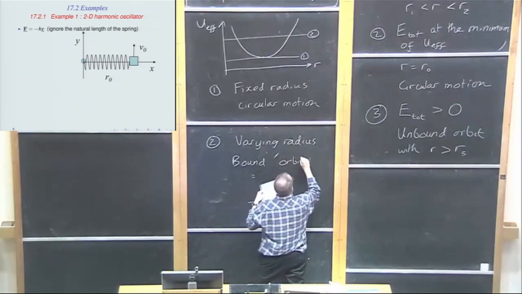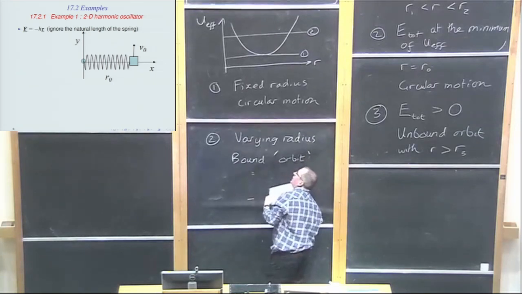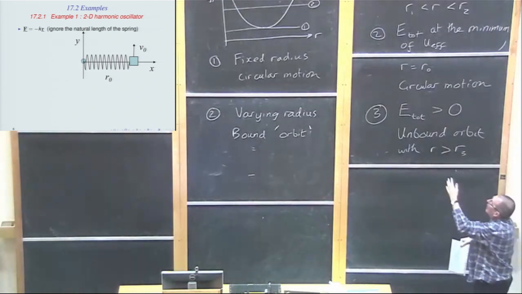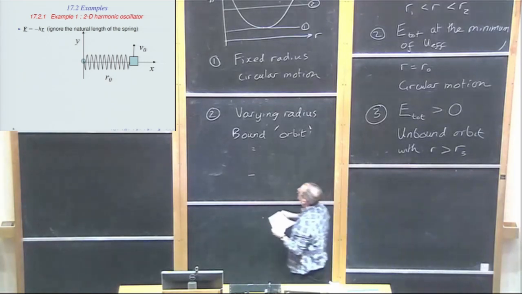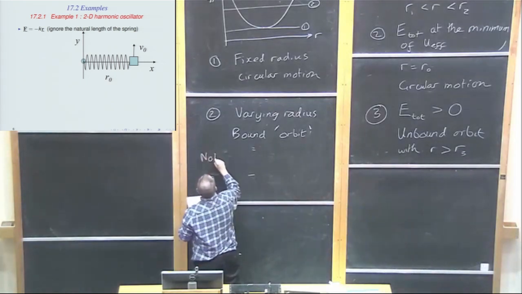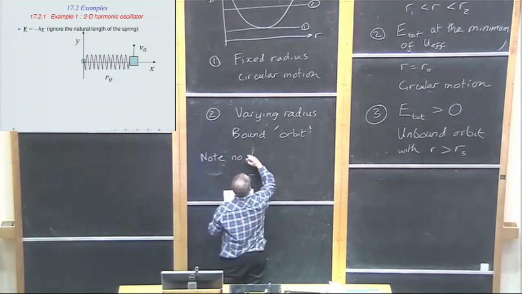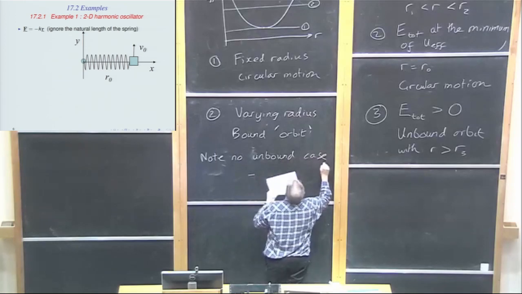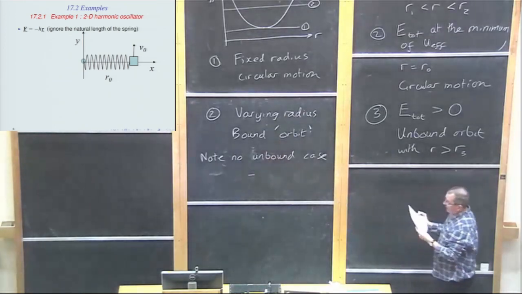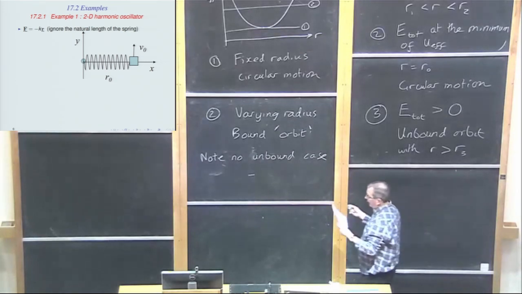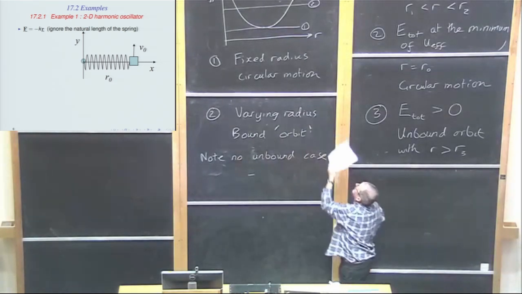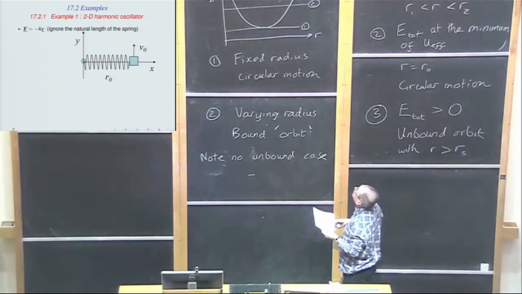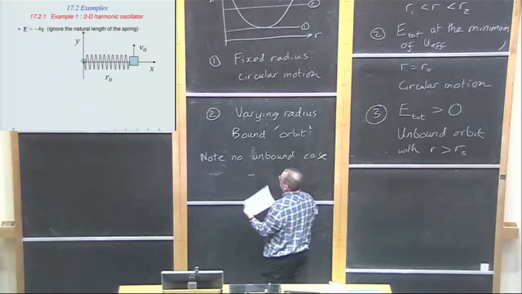I'll put it in inverted commas because it's a little strange to consider this motion of this mass on a spring as an orbit, but you know what I mean. What we don't have here is an unbound case, right? Just because of the shape of this potential, wherever I draw this horizontal line, the orbit will always intercept at two places.